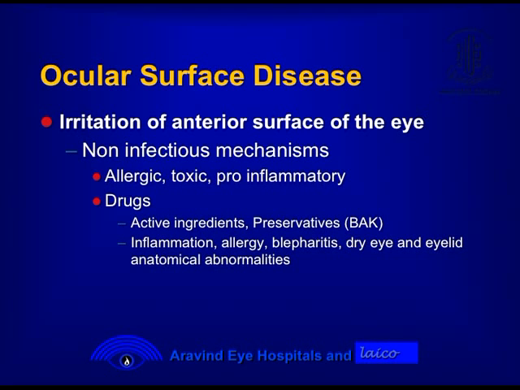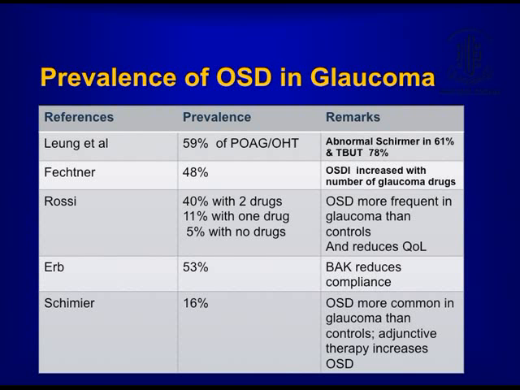And the most principal etiologic mechanism, at least in the glaucoma population, seems to be the drug treatment. Both sometimes the active ingredients, but it has got to do more with the preservatives, as we shall see a little later in our slides. And again, Ganesh had highlighted the prevalence of ocular surface disease in individuals with glaucoma, which is slightly higher than in the general population.